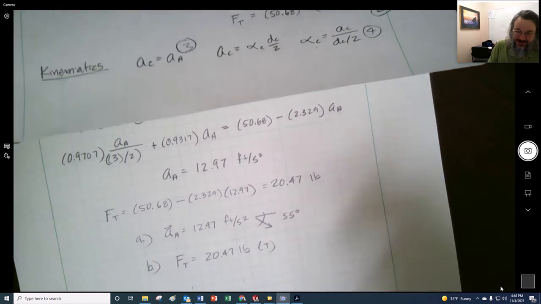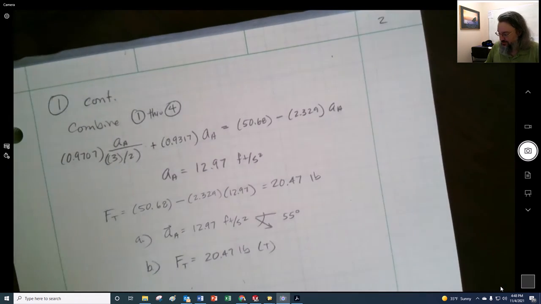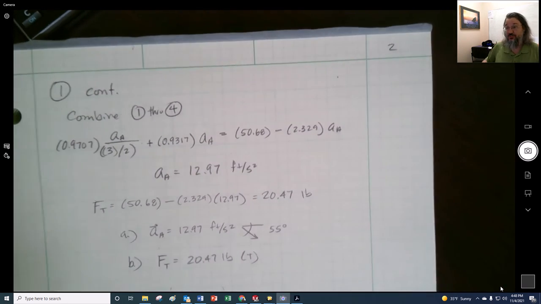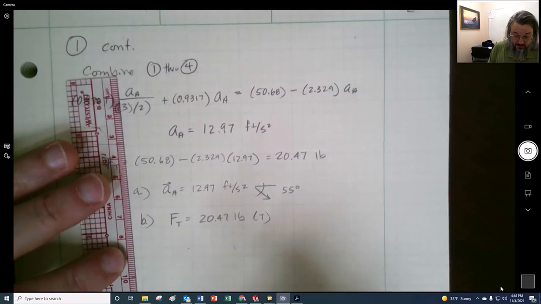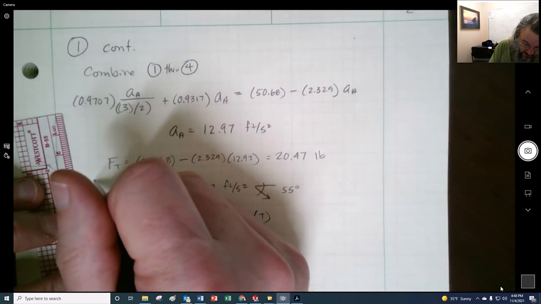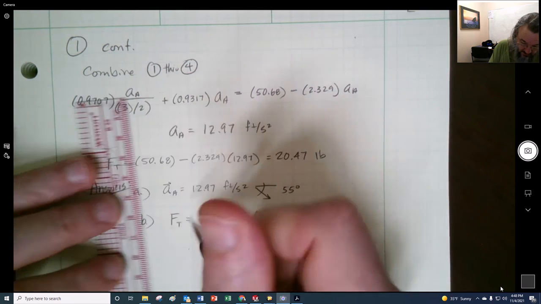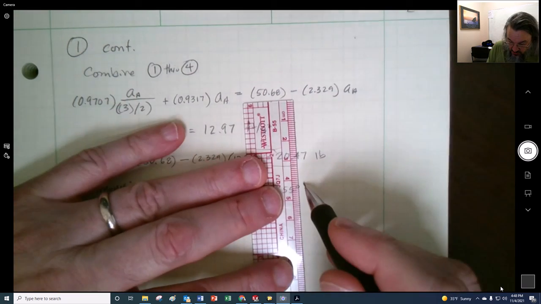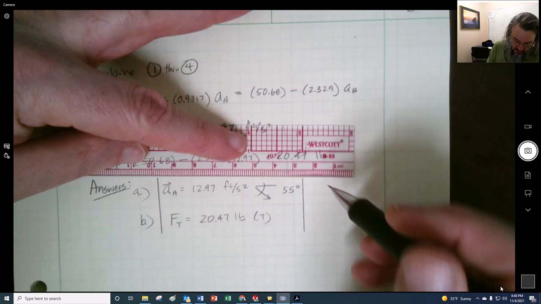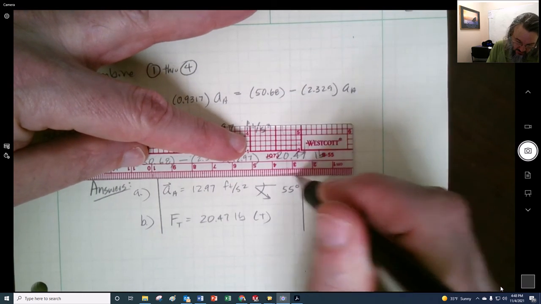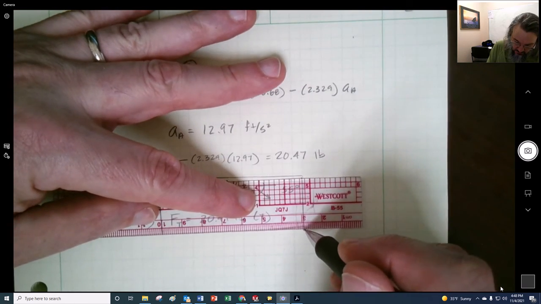You don't give it an arrow because it depends on which side you cut the cable, and you wouldn't know which one. Okay, so these are the answers, and we have ourselves a solution. Should I put the A and the B inside the box? This time I didn't. So let's be done with this one.